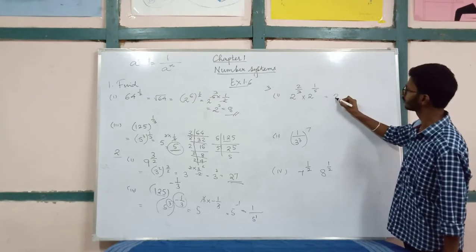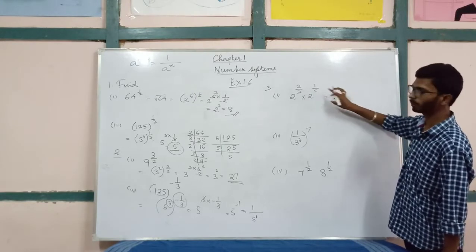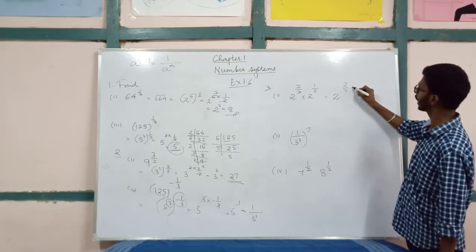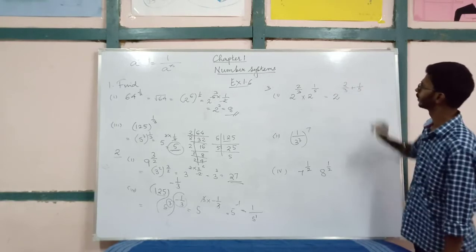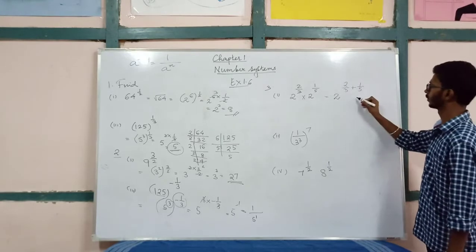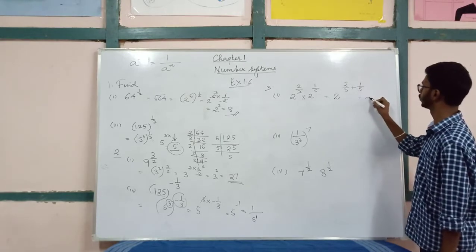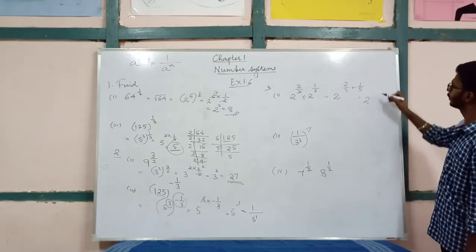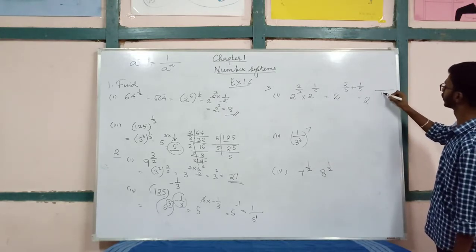So we can write 2 to the power, now the powers will be added, 2 by 3 plus 1 by 5. Now 3 and 5, what is the LCM? If we take the LCM, we will get 15.